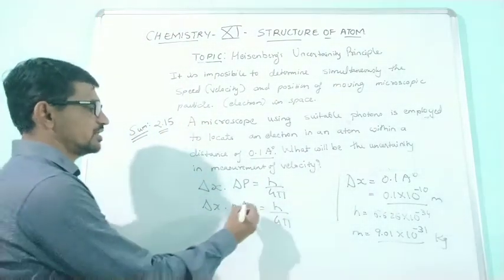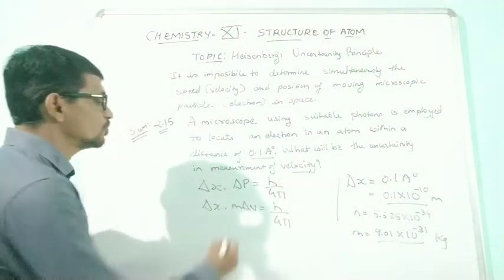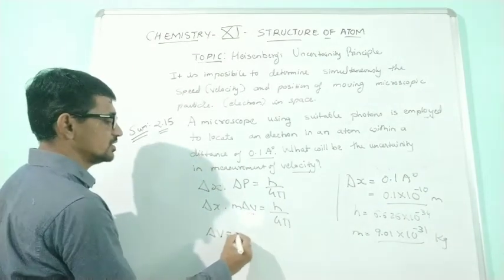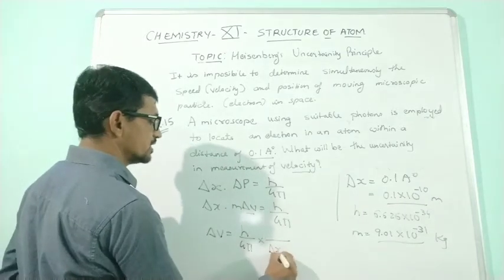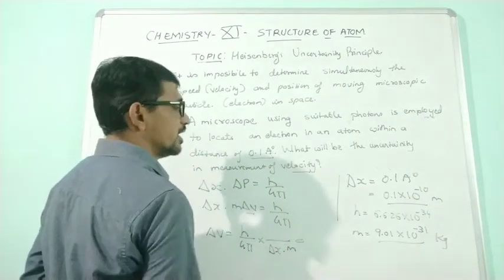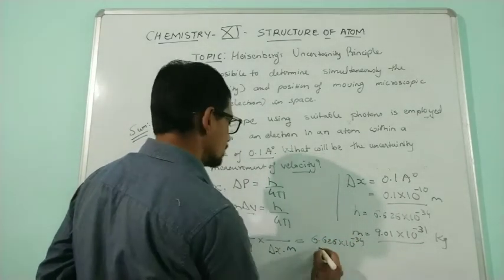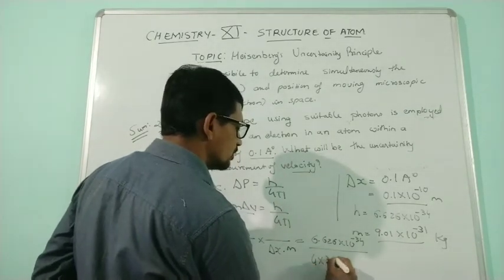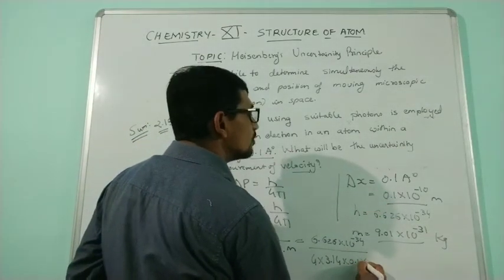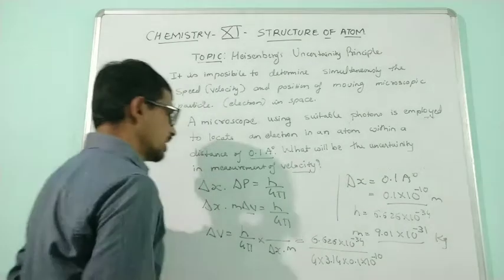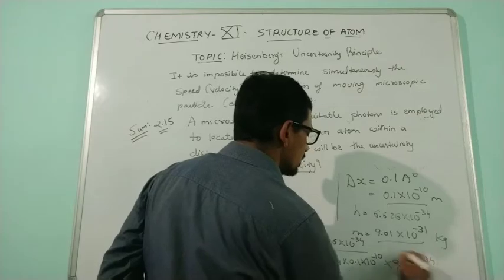So from this we can find the uncertainty level. We want to find delta v. So delta v is equal to h upon 4 pi times delta x into m. The h value is 6.626 into 10 raised to minus 34, upon 4 multiplied by 3.14 into delta x, that is 0.1 multiplied by 10 raised to minus 10, and the mass of the electron, 9.01 into 10 raised to minus 31.